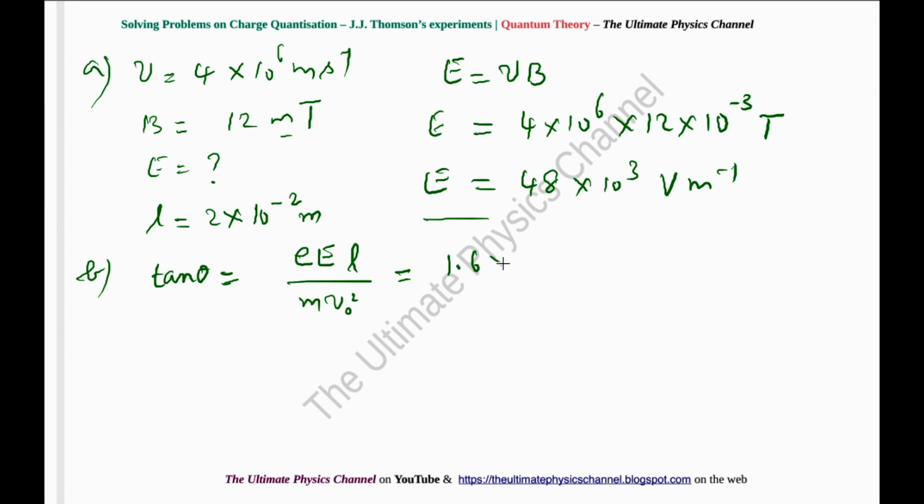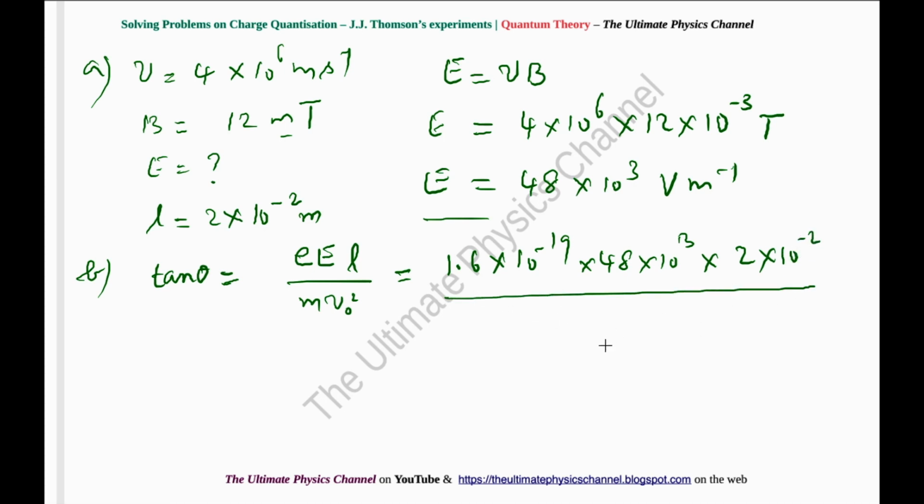I'm just plugging in the values for the electron charge, the electric field that we have calculated, and then the length that is given, 2 centimeters, over the mass of the electron, and then the velocity that is given, which is 4, so 16 into 10 power 12.